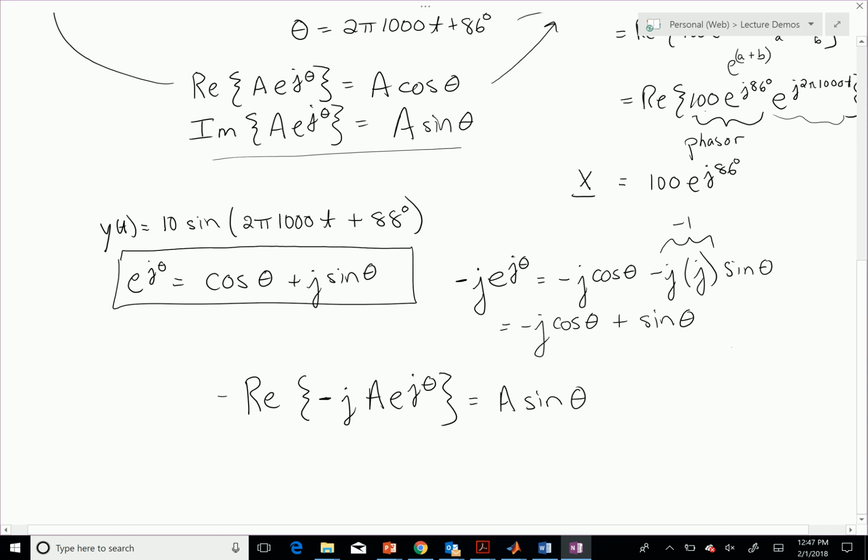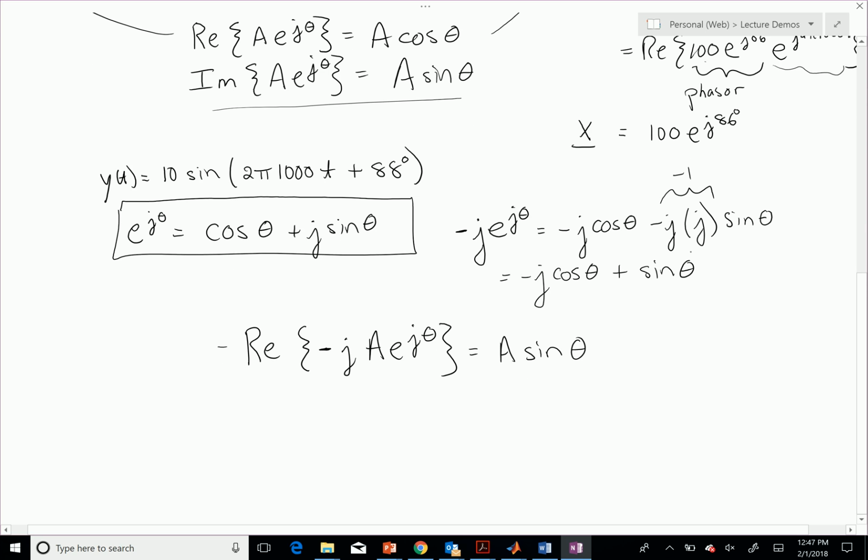What am I doing when I multiply by minus j? I can think of this two ways, right? I can do it the way I just did it. The other way I can say is, if I have a complex number minus j times e to the j theta, I could do this. Here, when I did this, this was in rectangular coordinates, right? Well, here I can also do it in polar coordinates.